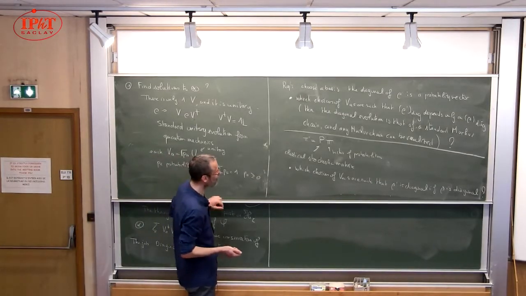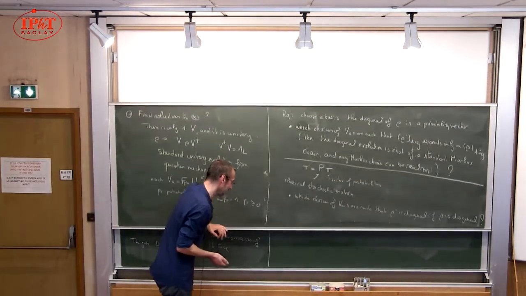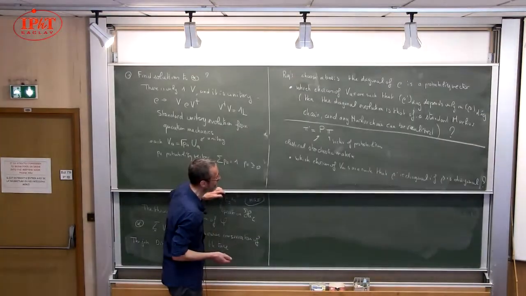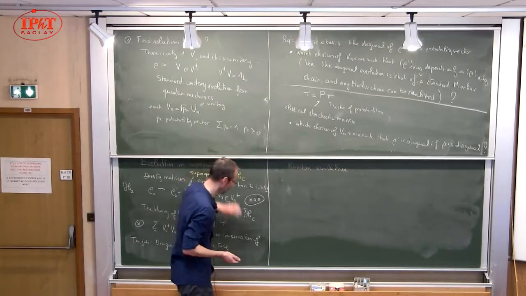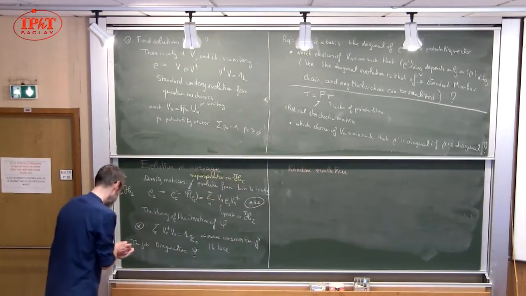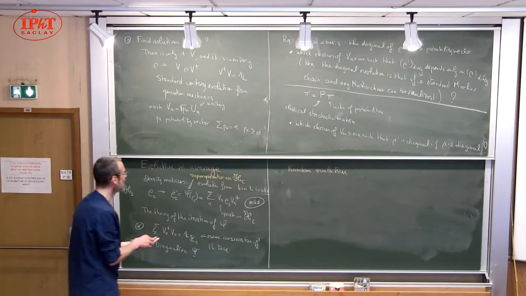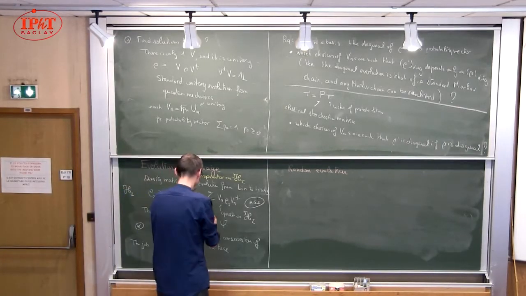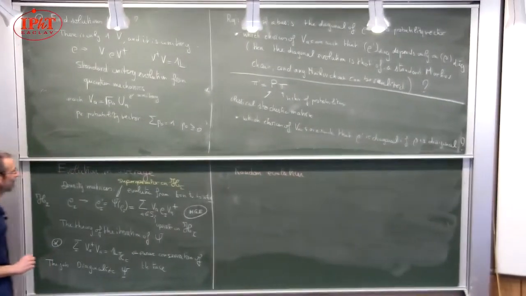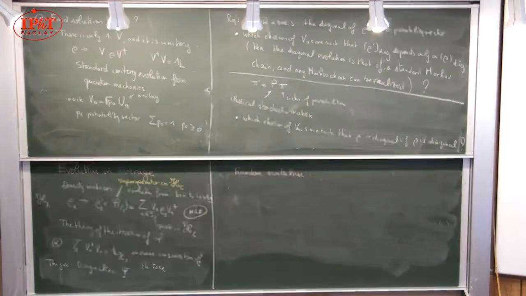Okay, so let's go to the random case now. The case of random evolution is the following. First of all, we will keep the same operators VA, and then we have to say something about the index set.